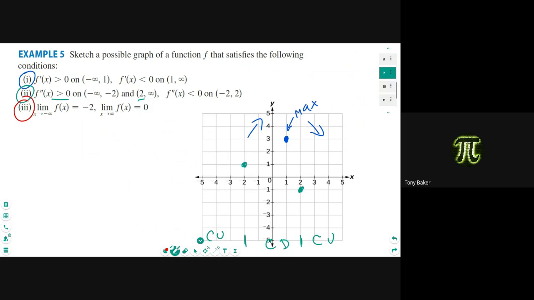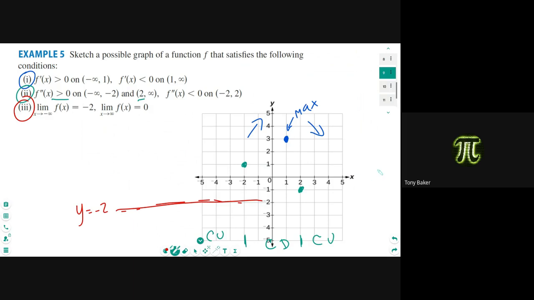Limit as x goes to negative infinity is -2. What does that tell me? Yes, I have an asymptote. So going this way, I have an asymptote at y equals -2, right? And what about the other side?